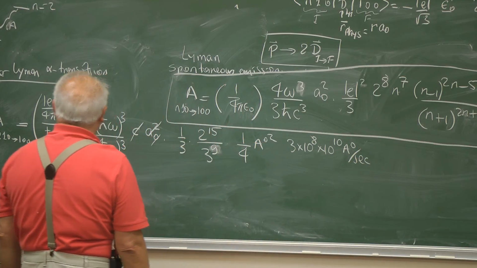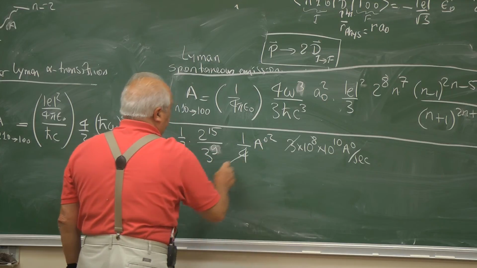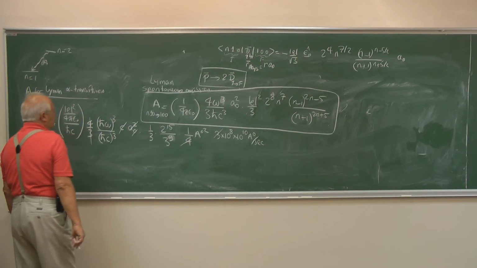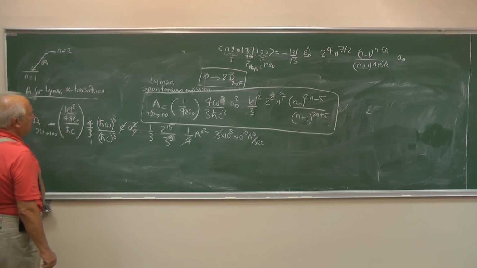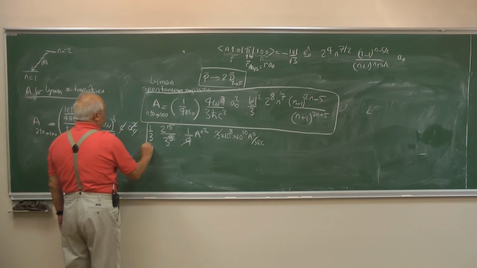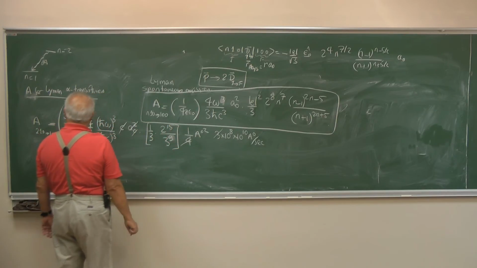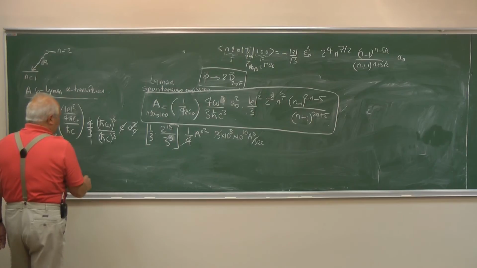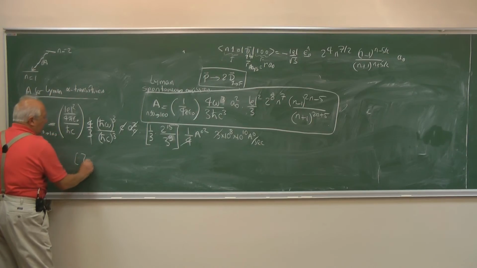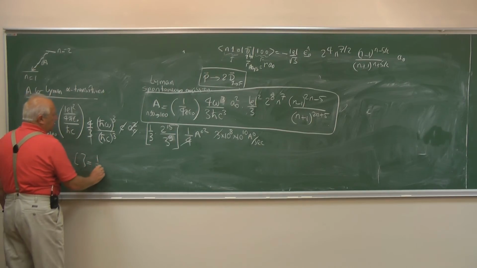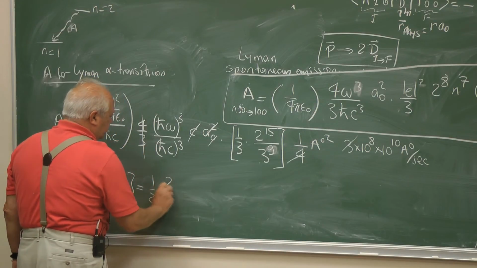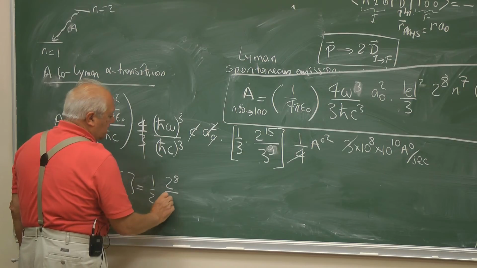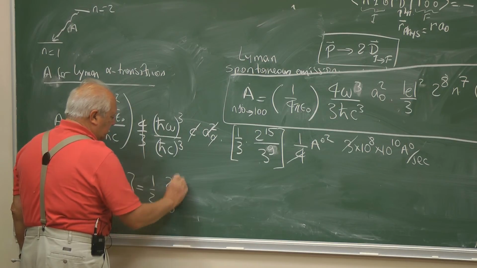All right. I have a 3 over 4, 4 over 3, so they are gone. Let me look at this factor. I can write this thing as 1 over 2, 2 to the 16, and this is 3 to the 10. So it is 2 to the 8 over 3 to the 5 square.